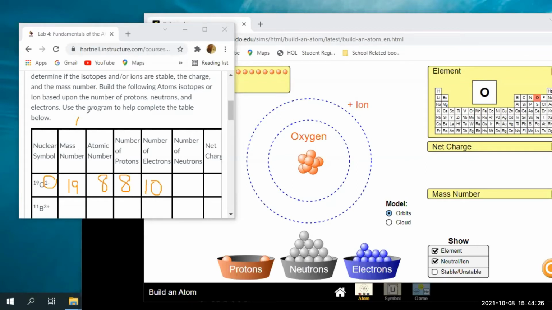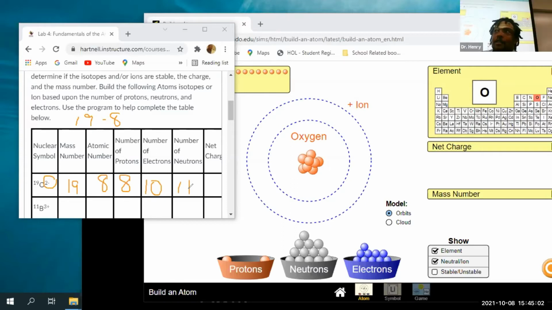So 19 minus 8. Okay. Let's see. What is 19 minus 8? 8? 11.